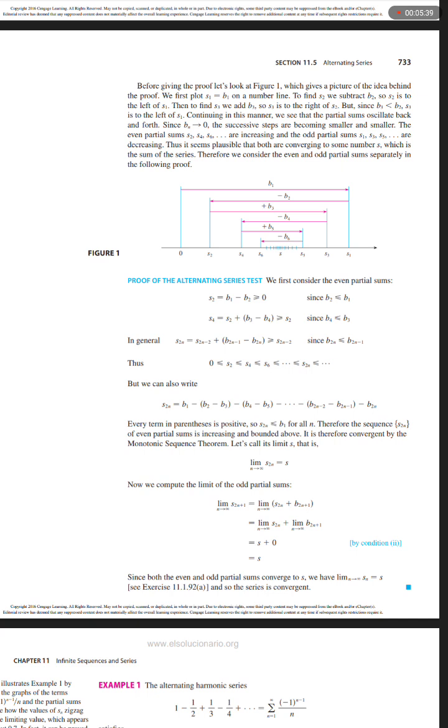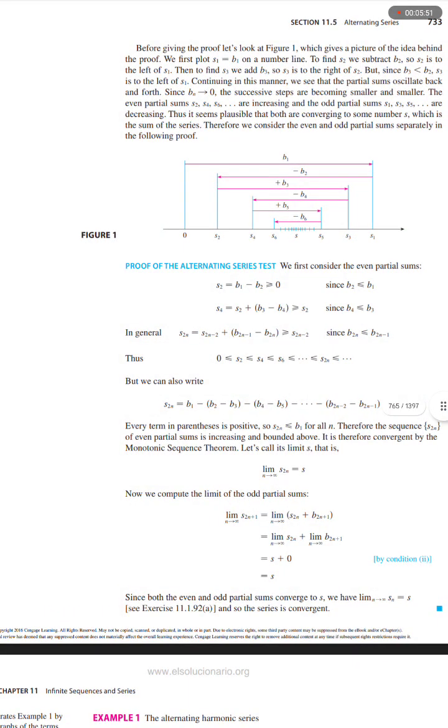Since b sub 4 is less than or equal to b sub 3, in general, s sub 2n is equal to s sub 2n minus 2 plus (b sub 2n minus 1 minus b sub 2n) is greater than or equal to s sub 2n minus 2, since b sub 2n is less than or equal to b sub 2n minus 1.